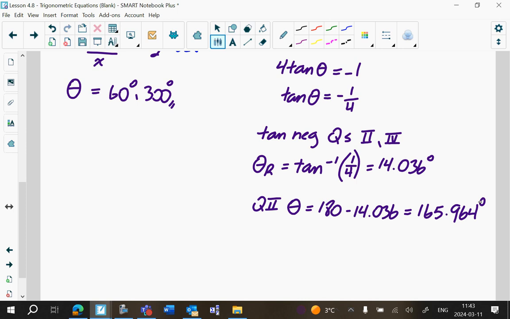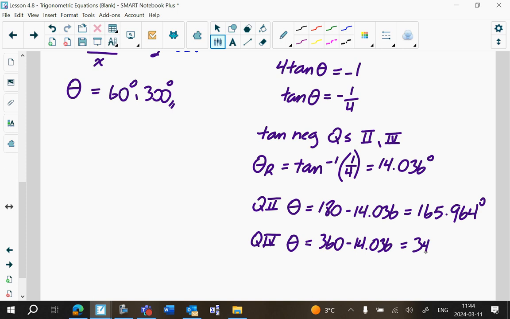Quadrant 4, we haven't done one like that yet. So we're in quadrant 4, we have to do 360 minus the reference angle. And we get 345.946.